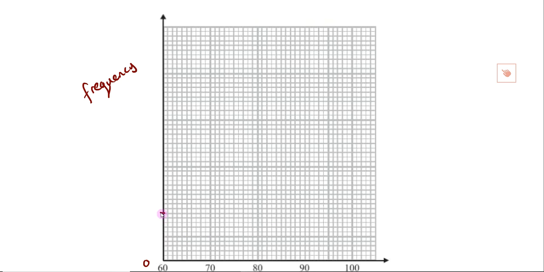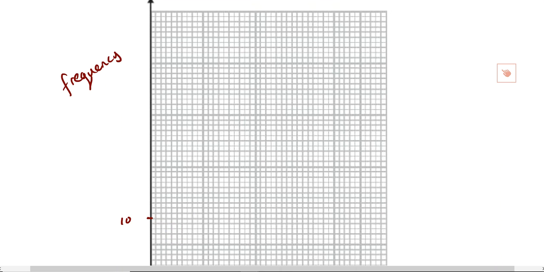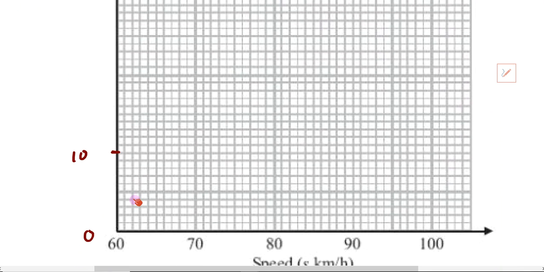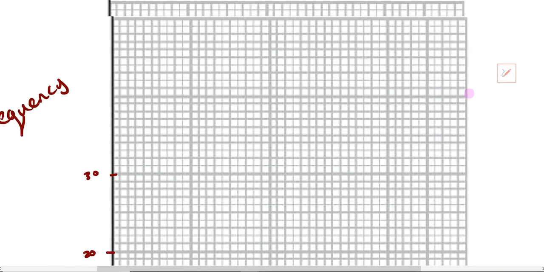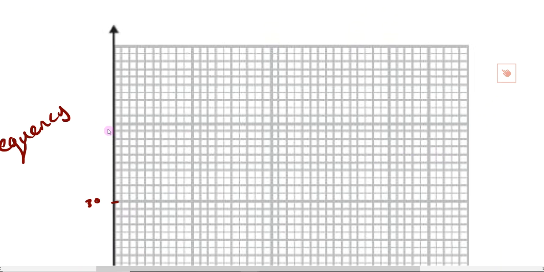That one would be 10, is that right? So 5, 5, that's all right, isn't it? 10, and then 15, so actually it's 20. Now it's clear. 30. Do I just need to go to 40? Yeah.